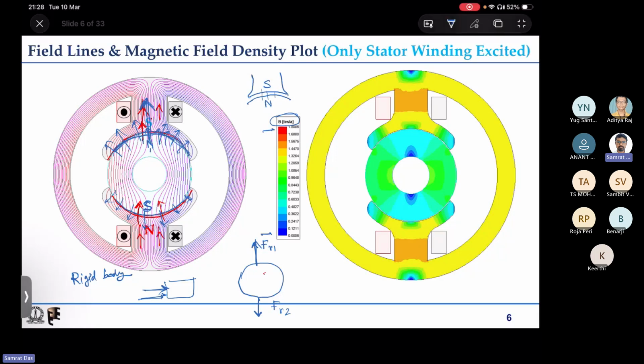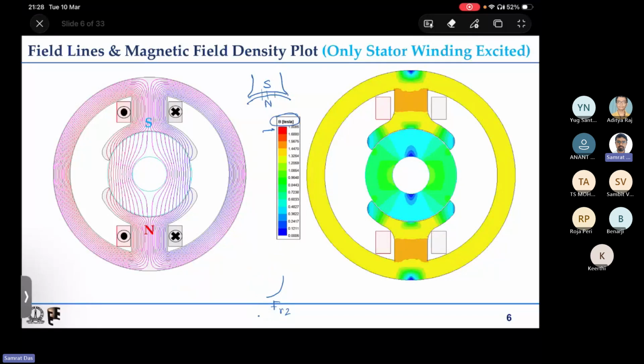If I probably erase a few parts that I have made, you can see where all we have blue.